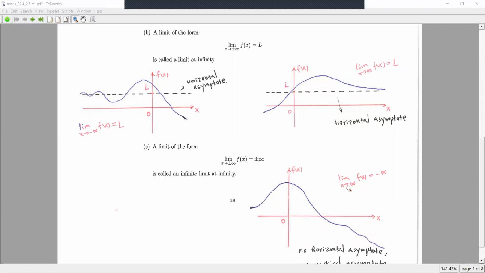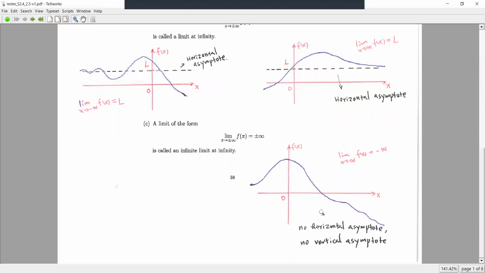As x approaches positive infinity, the function approaches negative infinity. The graph of the function looks like this blue curve. As x approaches positive infinity, the curve goes down to negative infinity. In this case, the graph has no horizontal asymptote and no vertical asymptote.